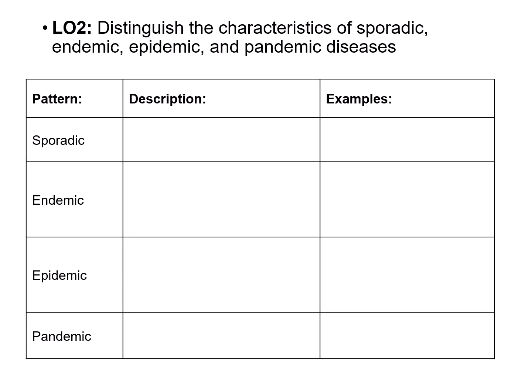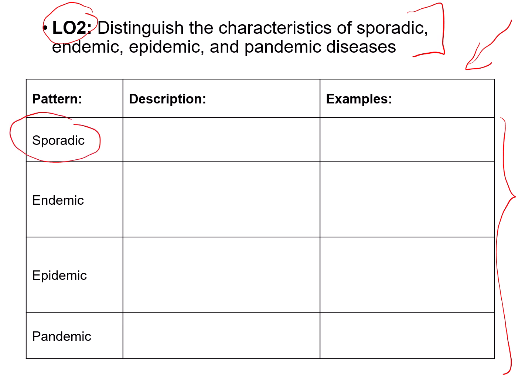And stepping back to that second learning objective, distinguish the characteristics of sporadic, endemic, epidemic, and pandemic diseases, I took the table we saw previously in this video and blanked out the description and examples to see if you can fill them in. Remember, sporadic diseases are those that occur rarely and irregularly, with no geographic pattern, like tetanus or plague. Endemic is constantly present in a region at a predictable low level, like malaria in parts of Brazil.